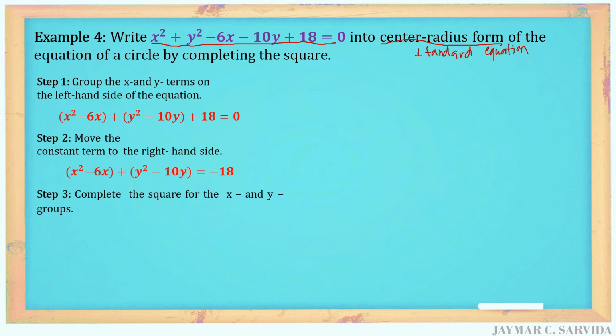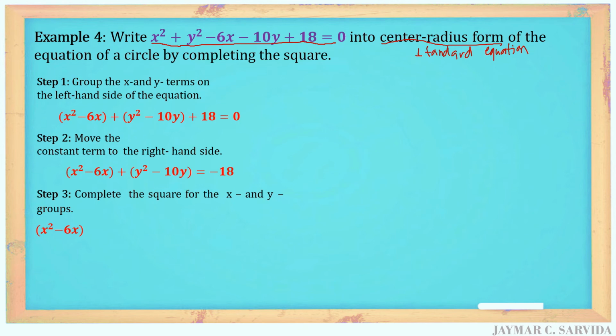Then, complete the square for the x and y group. Okay, so ngayon class, kukumpletuhin na natin yung mga square ng x at saka ng y groups natin. So una muna ay itong x squared minus 6x. Take the coefficient of the x term, then divide by 2 and square the result. Ano ba yung coefficient ng ating x dito?